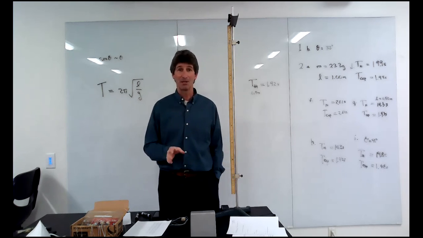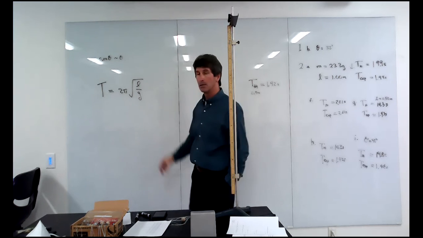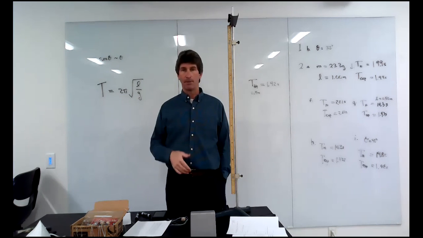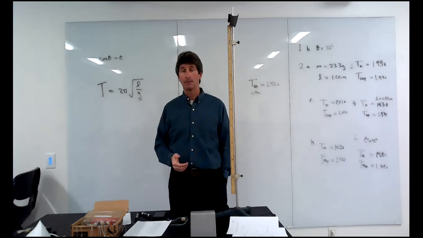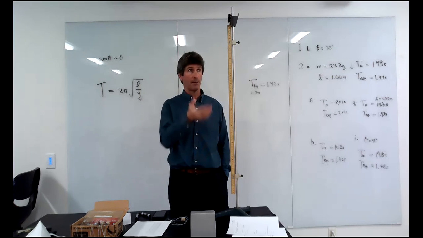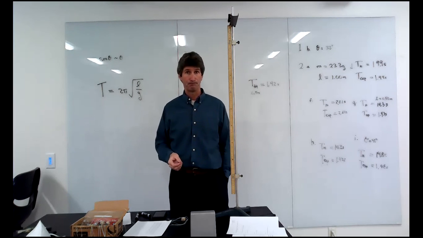So that's pretty much going to be a constant for the experiment. And as we saw, even when we changed the mass of the pendulum bob, the period really didn't change by any appreciable amount. Okay? When I changed the length, yeah. The period changed by the square root of the length. I cut the length in half, the period changed by the square root of 2.